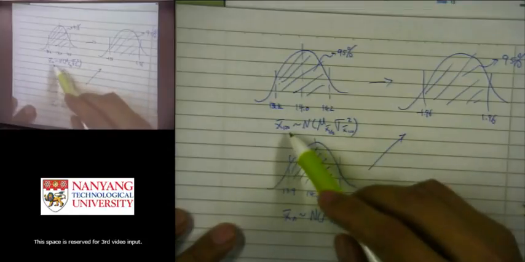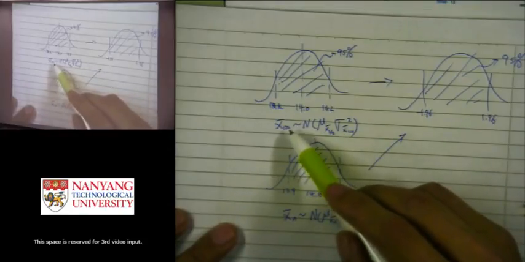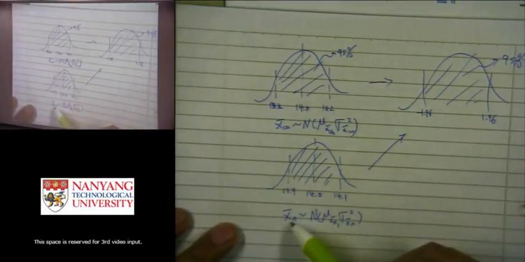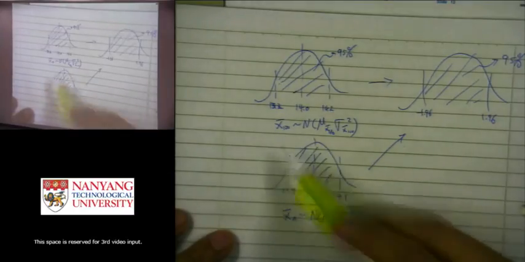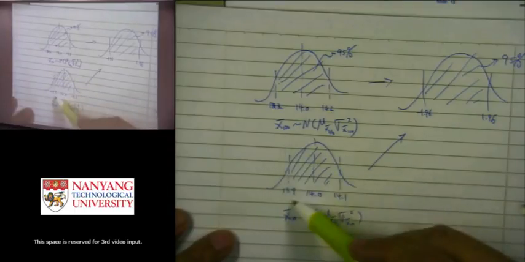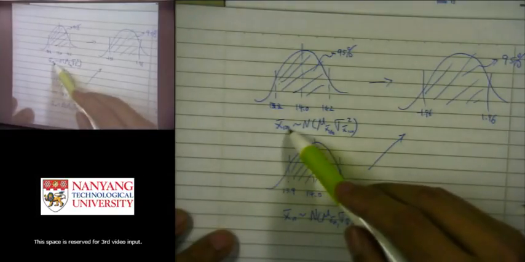Here, I need to distinguish the random variable sample mean from 100 items and the random variable sample mean from n items, because these are two different random variables. One is the average of 100 items.